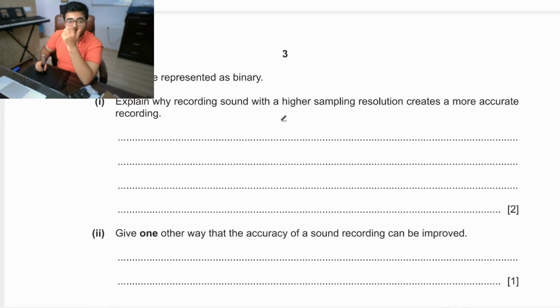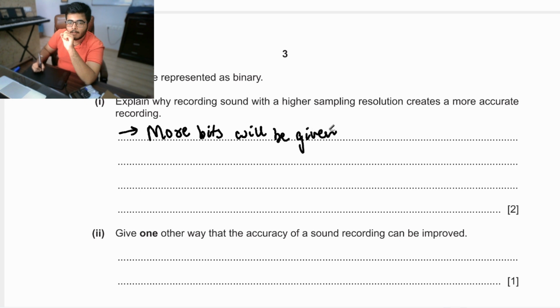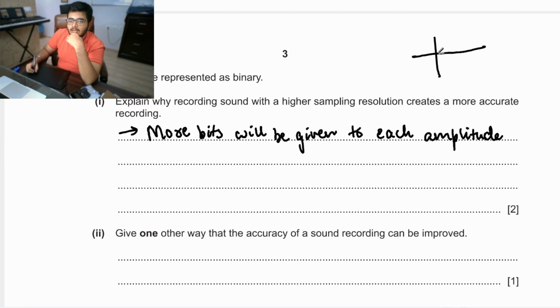Explain why recording sound with a higher sampling resolution creates a more accurate recording, right? So first thing you are going to explain is that more bits will be allocated to each amplitude. So you will say that more bits will be given to each amplitude, right? So this is the sound wave. It's a longitudinal wave. This is called the amplitude, and amplitude is directly related to loudness, right?